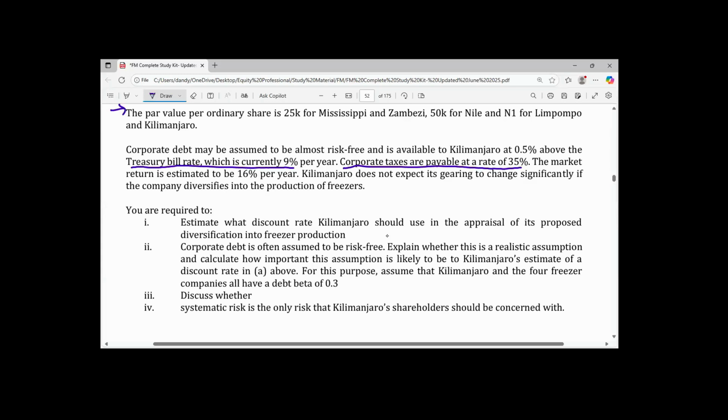Explain whether this is a realistic assumption and calculate how important this assumption is likely to be to Kilimanjaro's estimate of a discount rate in part 1. For this purpose, assume that Kilimanjaro and the 4 freezer companies all have a debt beta of 0.3. Then 3. Discuss whether systematic risk is the only risk that Kilimanjaro shareholders should be concerned with.